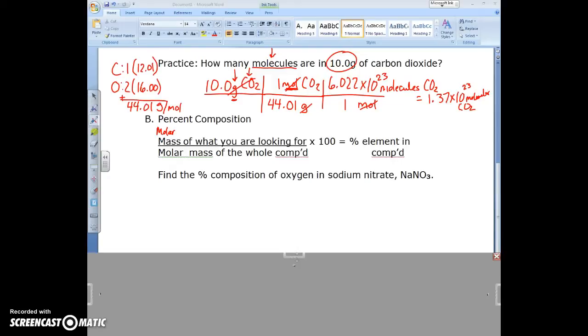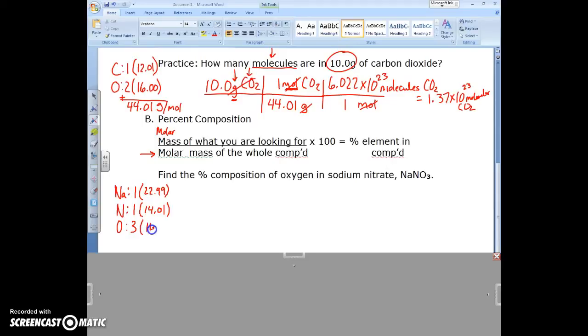Well, first, the easiest thing to do, and where I like to start, is the molar mass of the whole compound, because that's easy and we know how to do it. So sodium, I have one of those in sodium nitrate. Nitrogen, I have one of those. And oxygen, I have 3 of those. Sodium from the periodic table is 22.99. Nitrogen is 14.01 grams per mole.